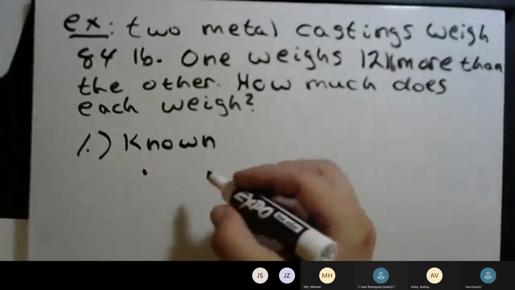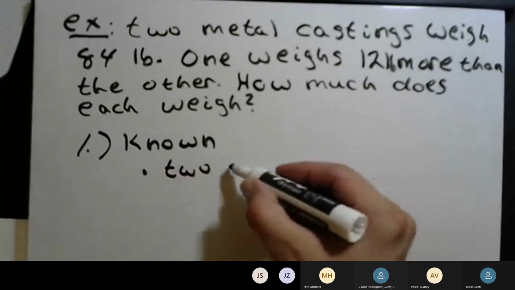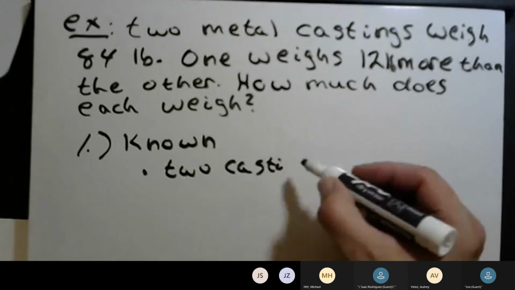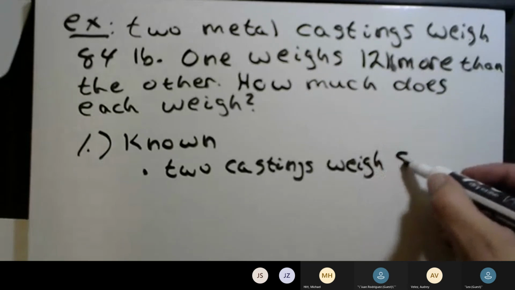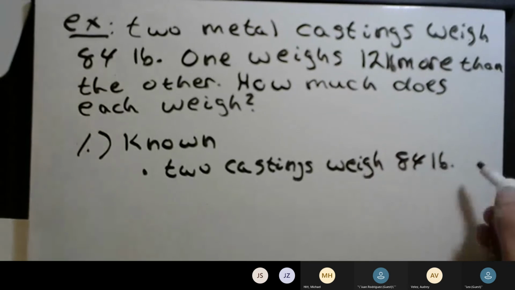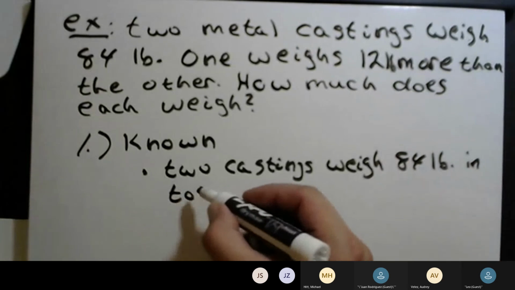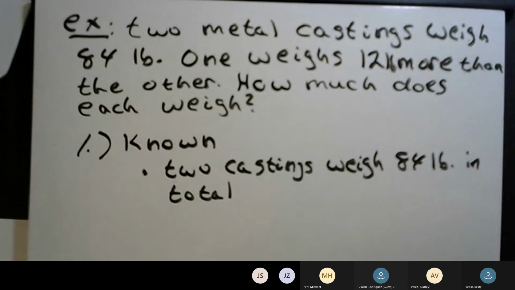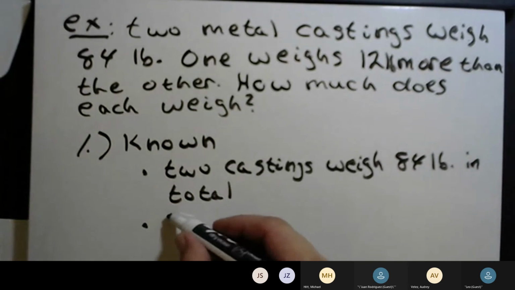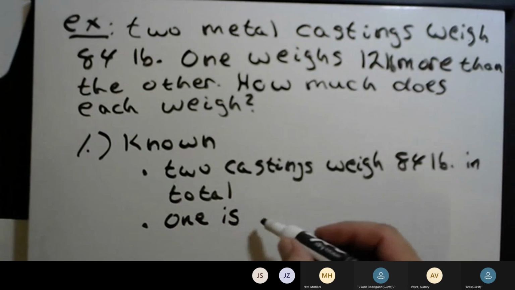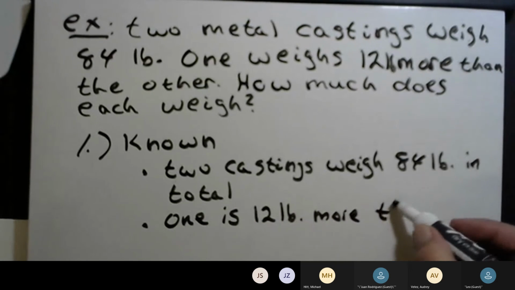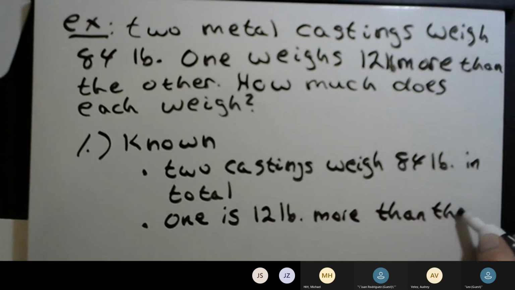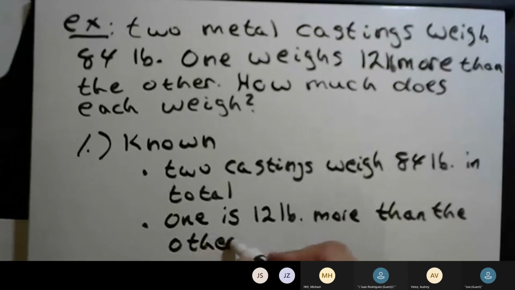What do we know? We have two castings. They weigh 84 pounds in total, or they weigh 84 pounds together. We know one is 12 pounds more than the other.